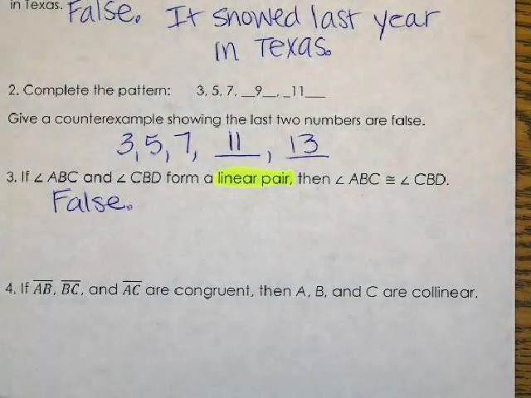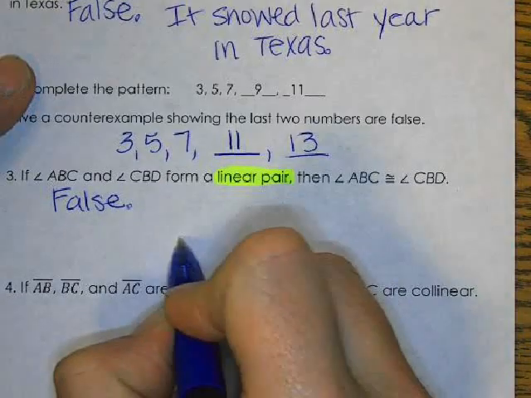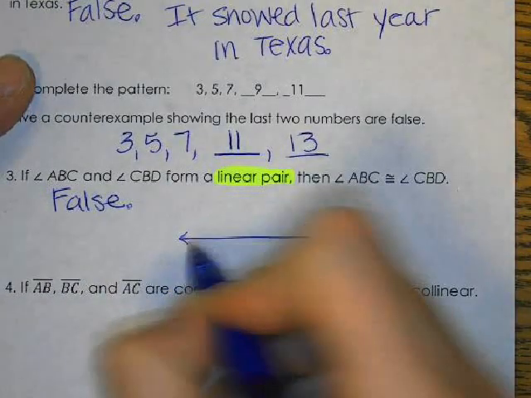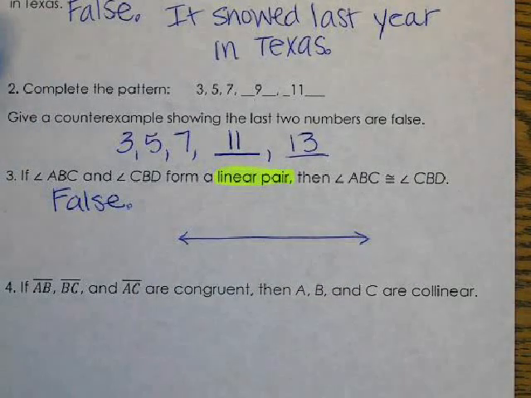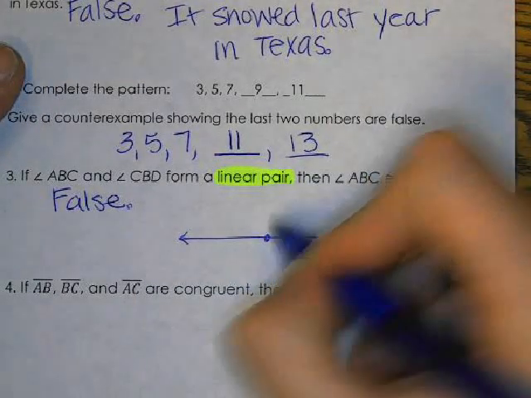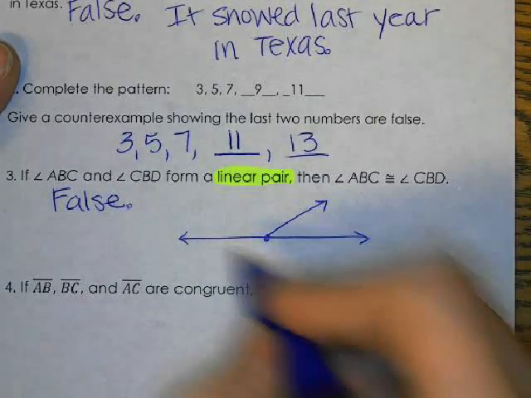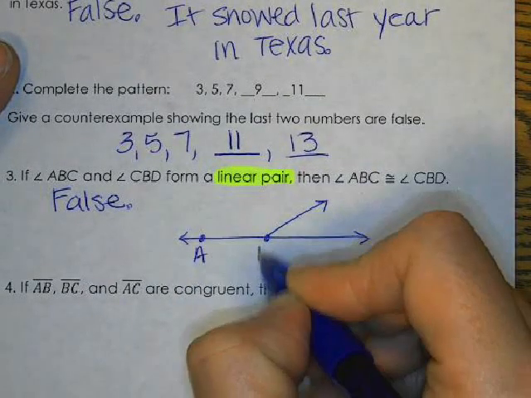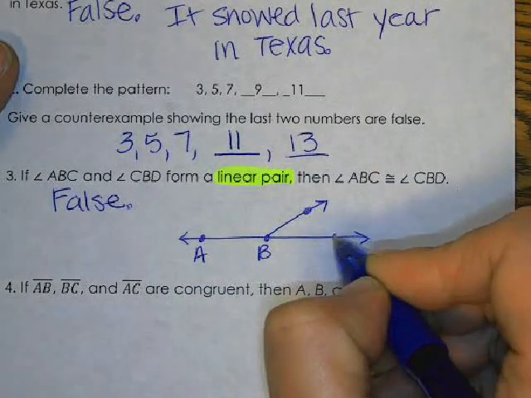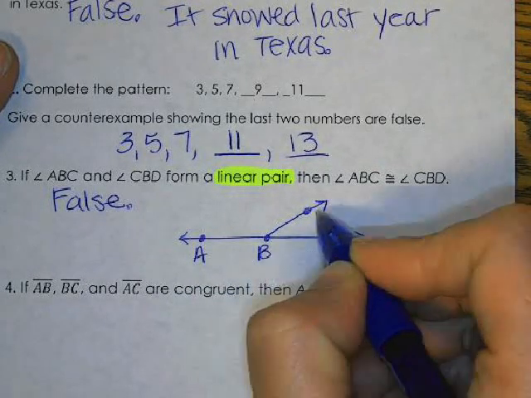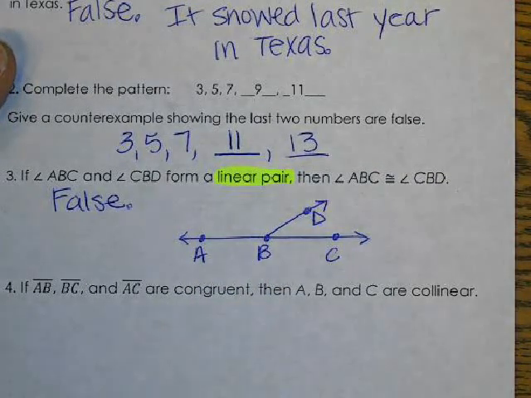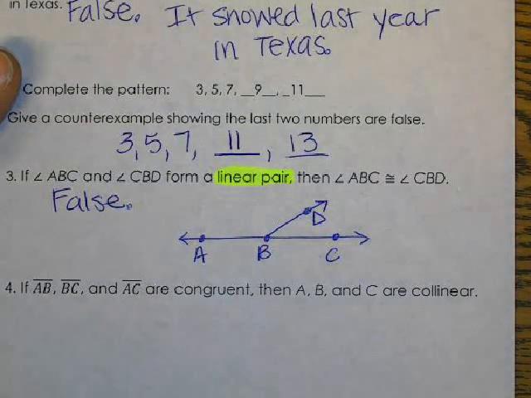And in order to show that it's false, we have to say an example where it is false. So a linear pair means that we make a straight line, and we have a ray that comes out in the middle. So this is a linear pair, but angle ABC and angle CBD, whoops, I didn't mark it right.